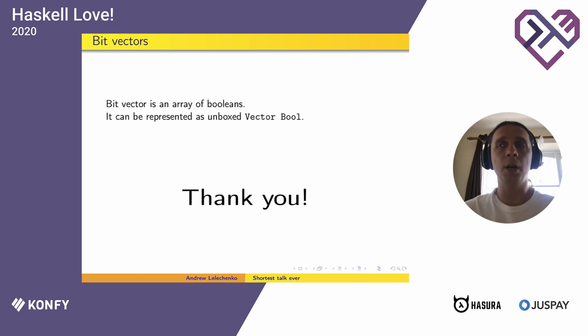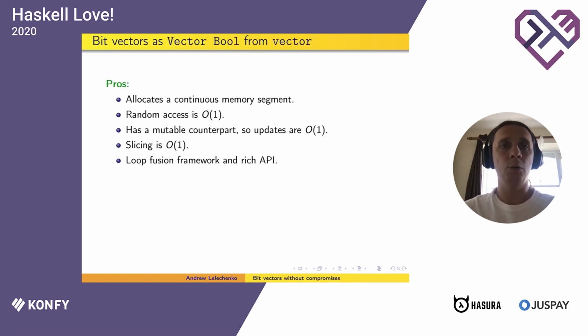Let's talk a bit more about the compromises which are involved in using vector of Bool in its existing implementation. The good parts of package vector are that it provides us with quite faithful vectors, so they allocate a continuous chunk of memory, they allow random access, and they have mutable vectors as well with constant time updates.